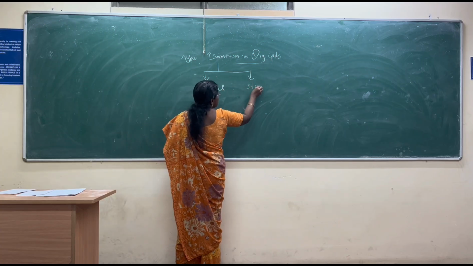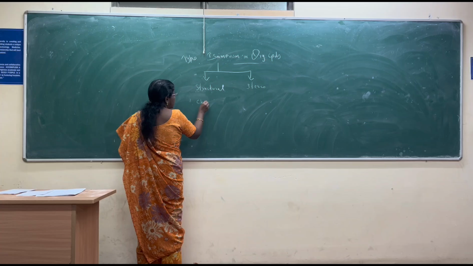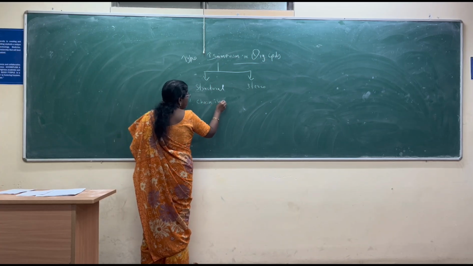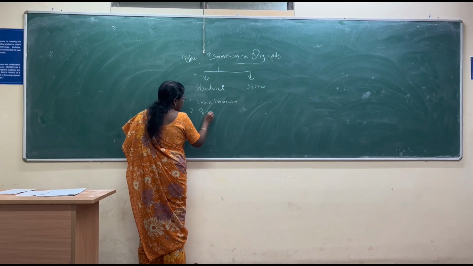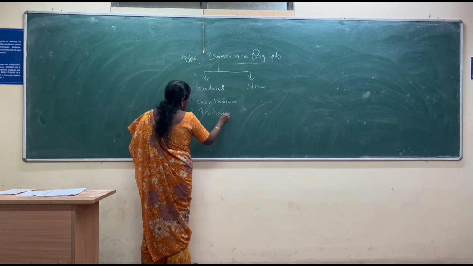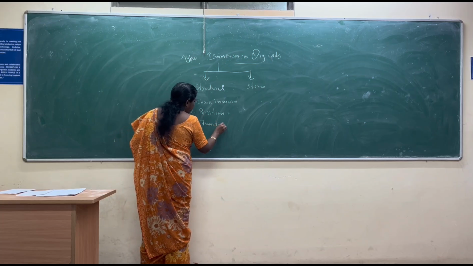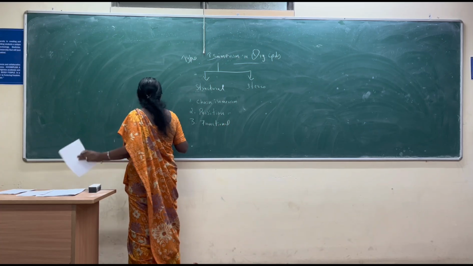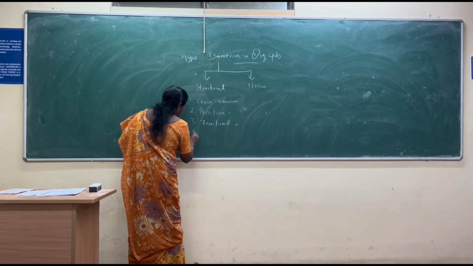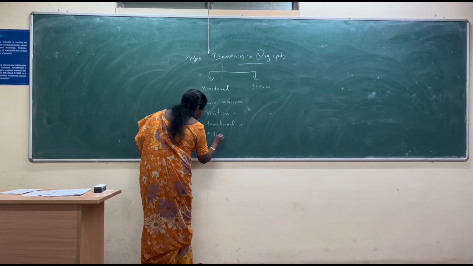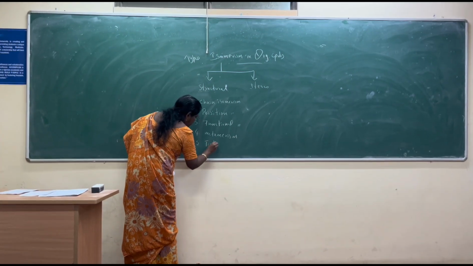Structural isomerism includes chain isomerism, position isomerism, functional isomerism, metamerism, and the fifth one, tautomerism.